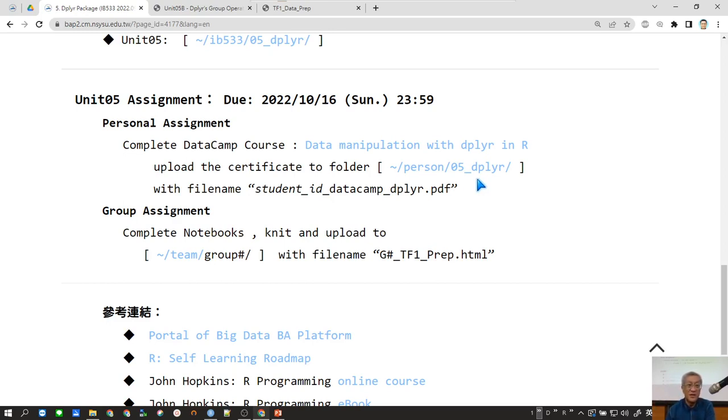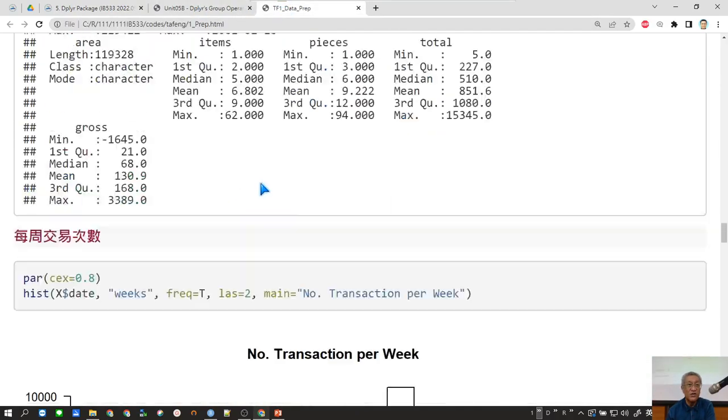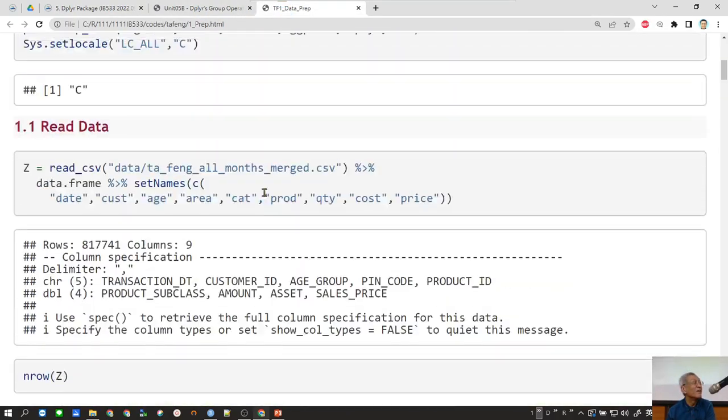And there is a group assignment, right? I want you to do this together, right? Go through the TF1, which is this notebook.